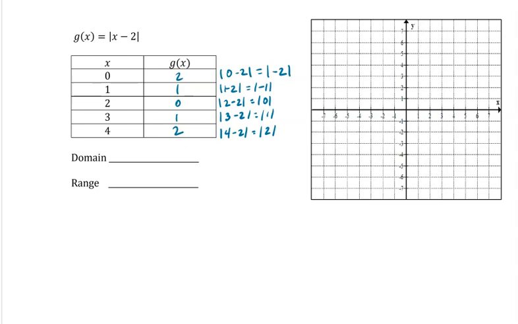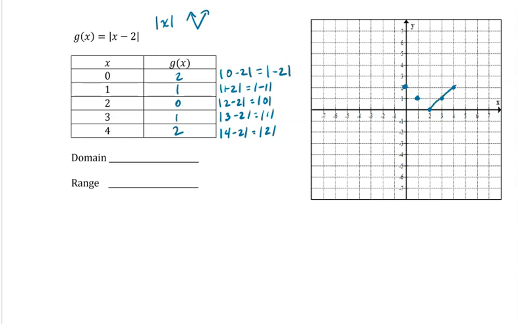Okay, again, if we think back at our parent functions, we had an absolute value of x, right? So we expect it to look something similar like that, still that V shape. So let's go ahead and plot these and see what happens. So we got 0, 2, 1, 1, 2, 0, 3, 1, 4, 2.